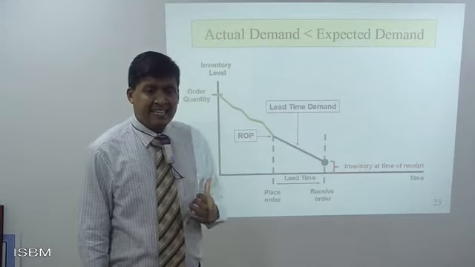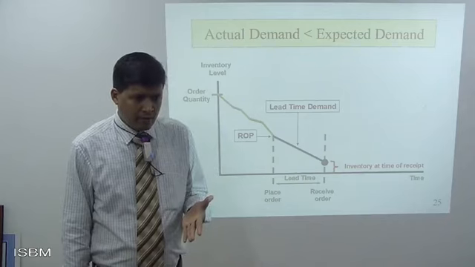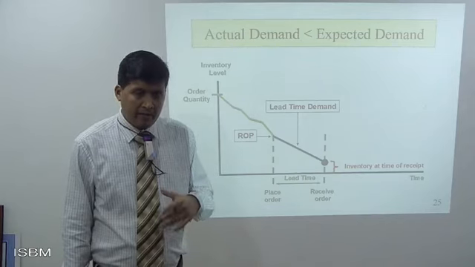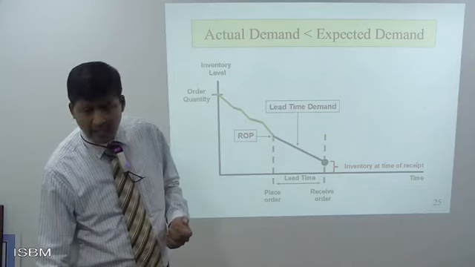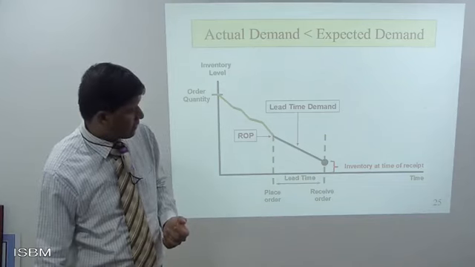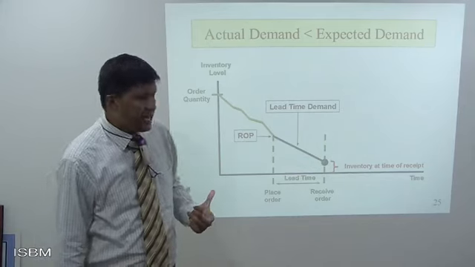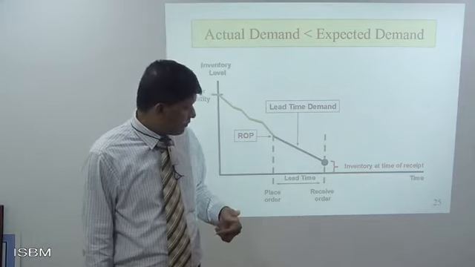So there's a lead time demand as well, because demand we have spoken for a year, month on month also changes, and hence inventory also needs to be changed month on month. So inventory at the time of receipt has a difference as well.